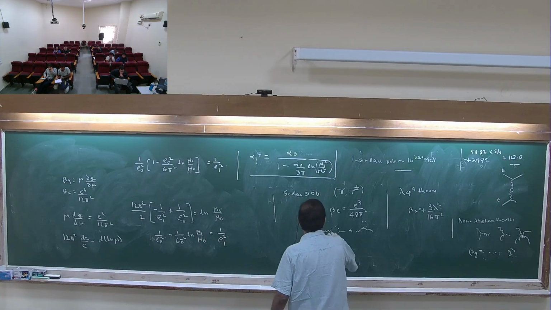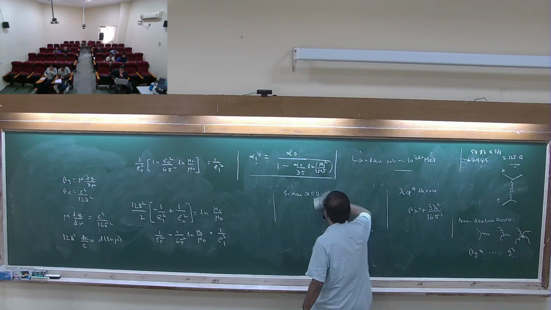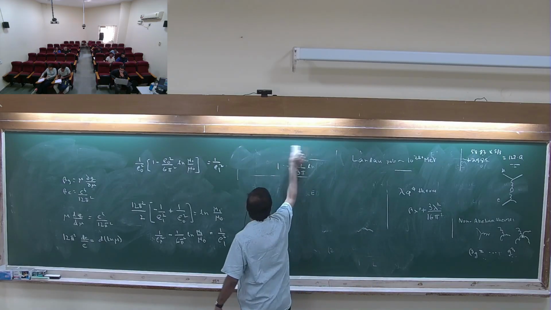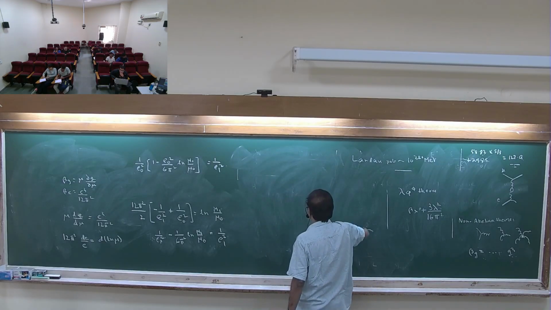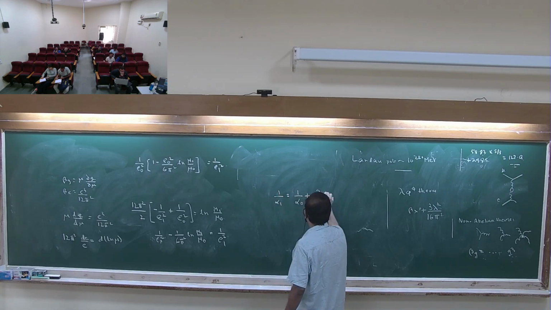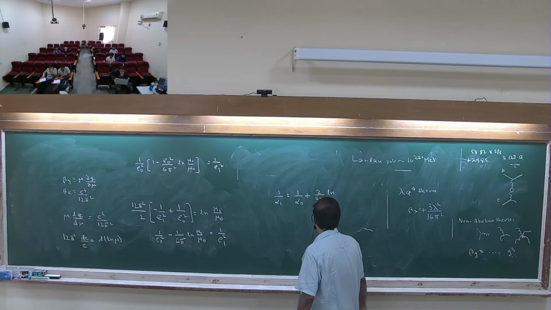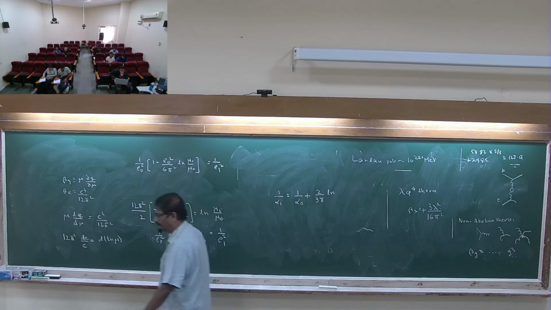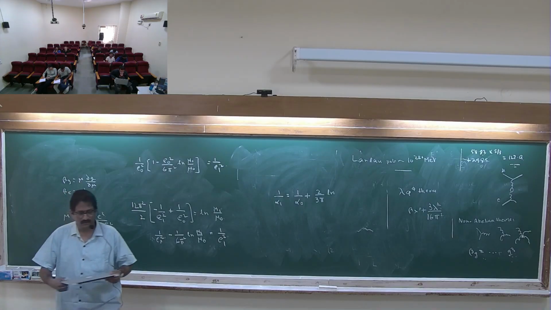So let's find the correct equation to do that. The correct equation to do that is 1 by alpha 1 is equal to 1 by alpha naught plus 2 by 3 pi times log of, let me see in my notebook what the equation is.